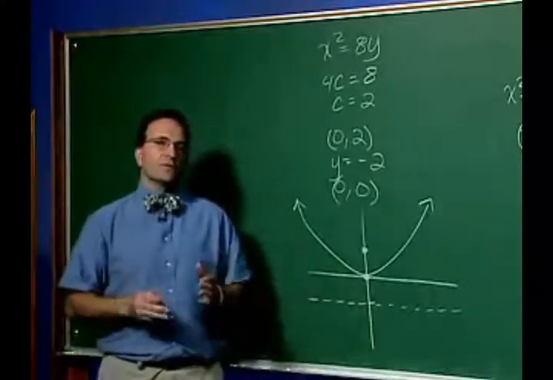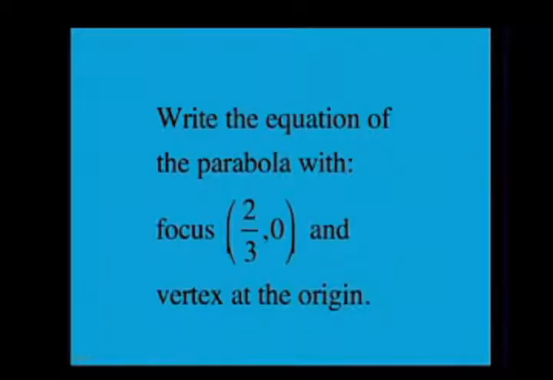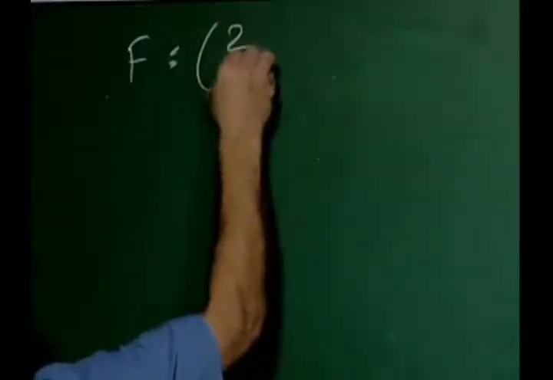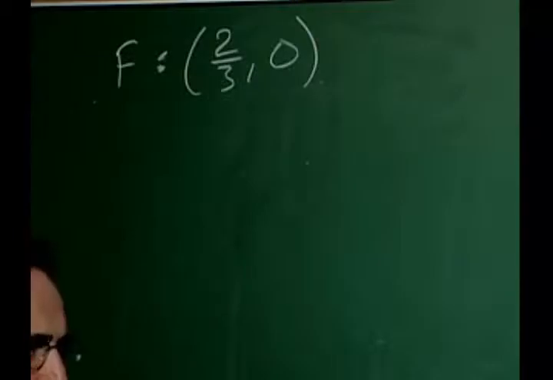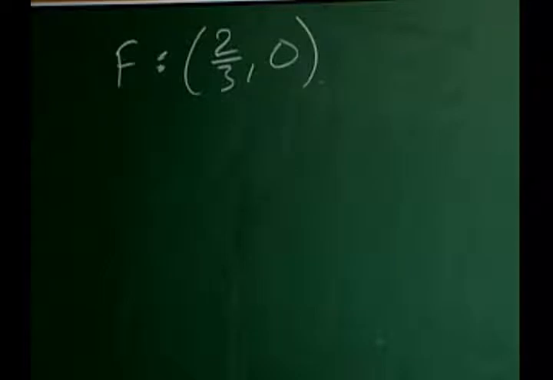Okay, now what I want to do is kind of do it the other way around. Let's look at trying to write the equation for a parabola. So write the equation of the parabola that has a focus of (2/3, 0) and a vertex at the origin. Well, let me write down, focus is (2/3, 0), and the vertex and the focus are both on the x-axis, and that means that the parabola is horizontal.